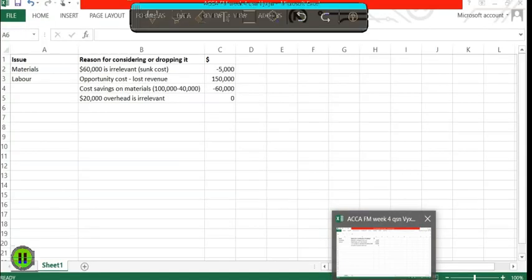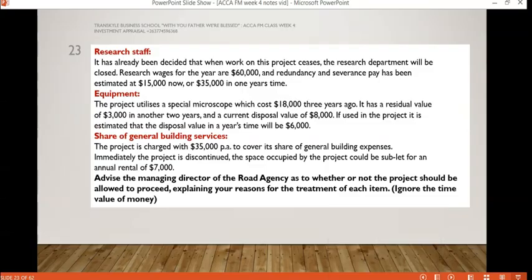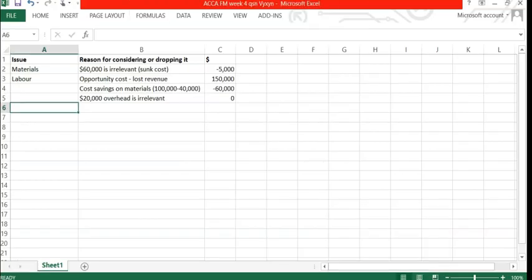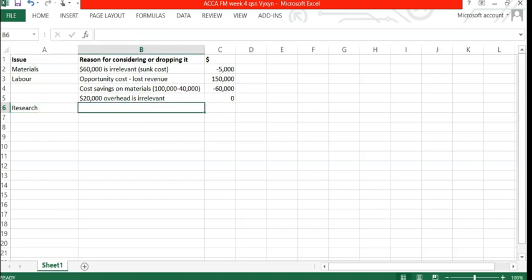That one is clearly relevant because that one has to be paid this year, so it's relevant. Research wages, these ones are relevant, 60,000.